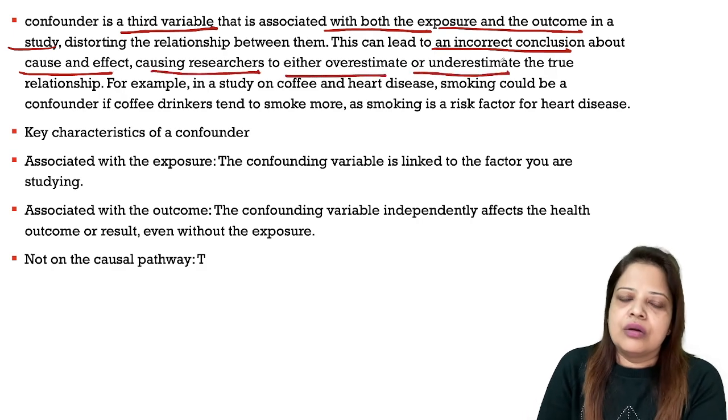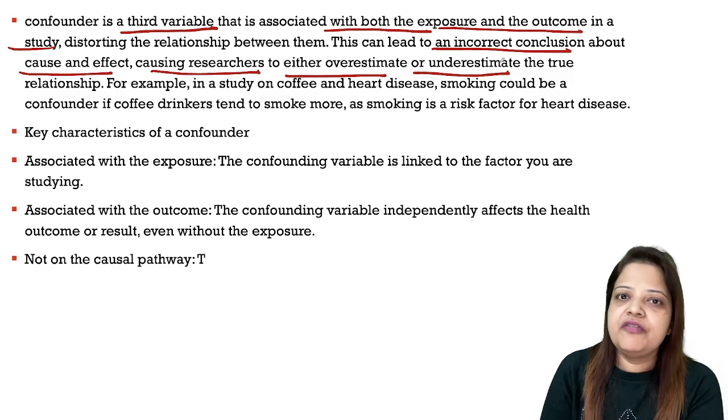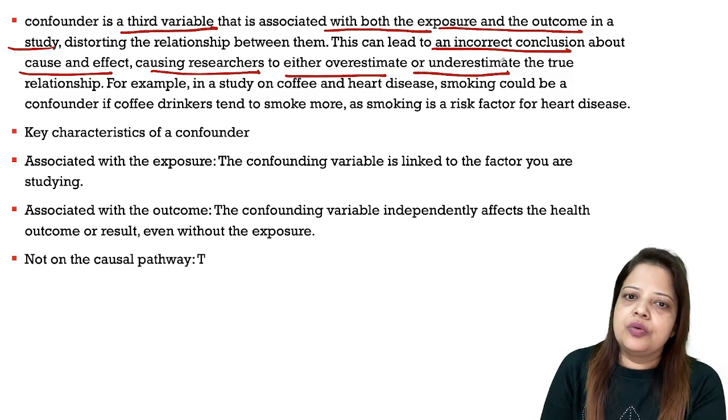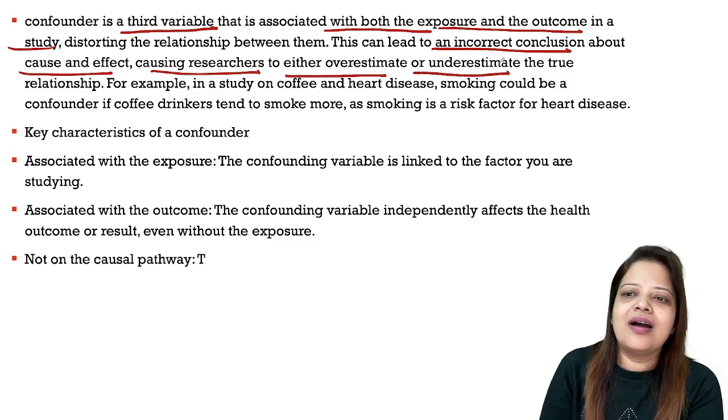So this is one of the problems of econometrics calculation. The variables are over identified or under identified. So this is the problem of identification. So researchers either overestimate or underestimate the true relationship.